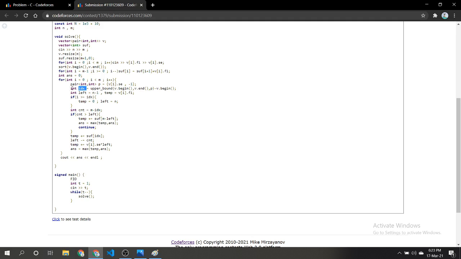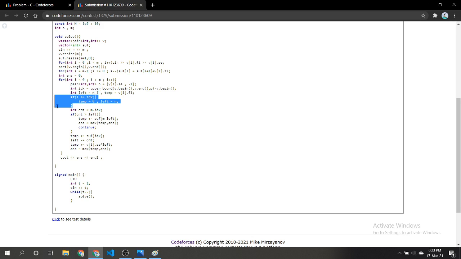I will find idx. Left is the number of flowers that I will be left with after buying the first flower of the i-th type. I will be left with n minus 1 flowers, and temp is the current answer. We will have to be careful about duplicates also.